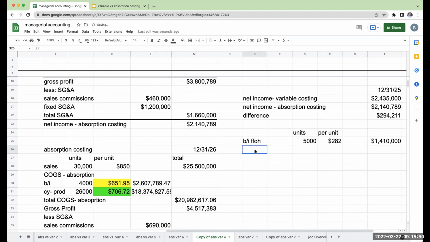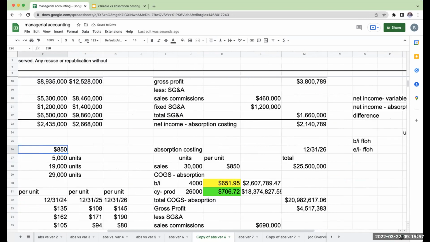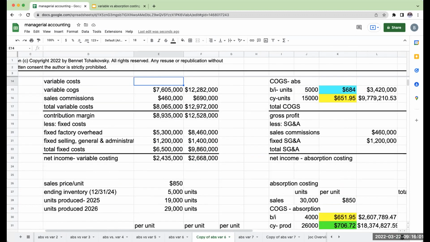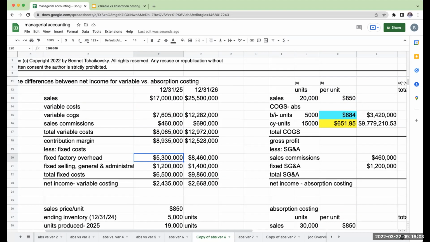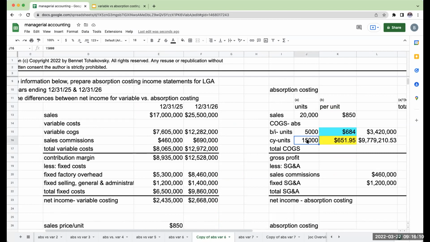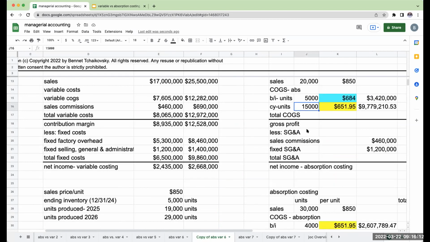Now, the second part of our difference is the ending inventory fixed factory overhead. Remember, I fully expensed 5.3 million under variable costing in 2025. However, I did not do the same over here. Why? Of the current year production, I took 15,000 units to cost of goods sold, and I made 19,000.